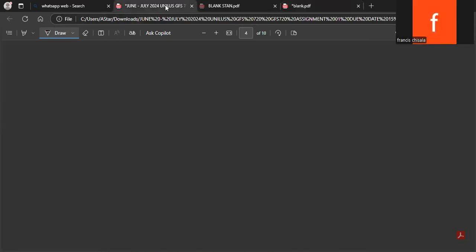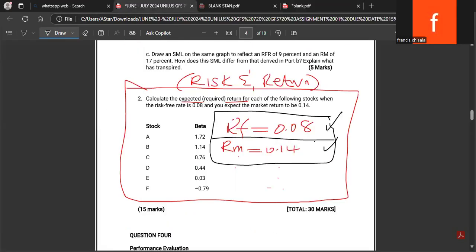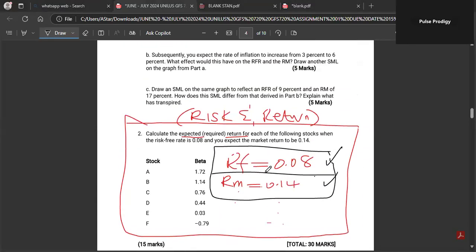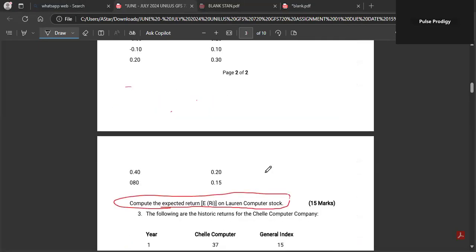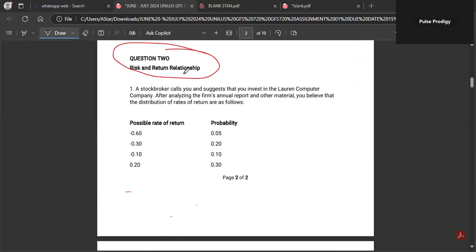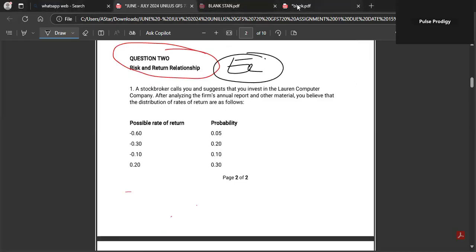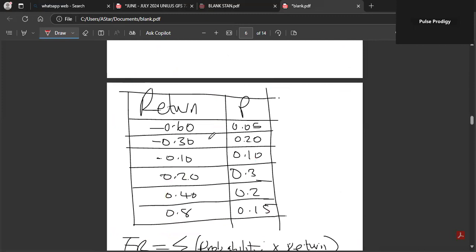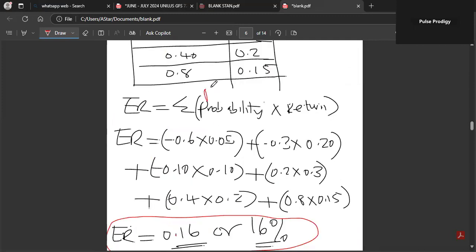This one at 15 marks that we've looked at, and the questions I'm using, these are previous exam papers that we have actually looked at. Then in the other attempt, we wanted to find the expected return of a stock, where expected return of a stock is equal to the summation of probability multiplied by the return.